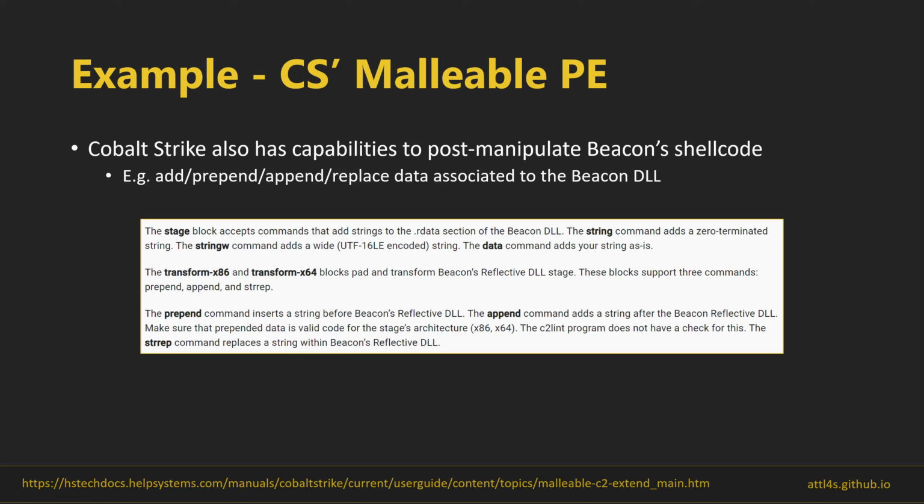So if the export name of the beacon DLL is called beacon.dll, we can replace that name with another one. We can stomp specific strings with suspicious names and do a lot of these things. It's very, very, very complete.